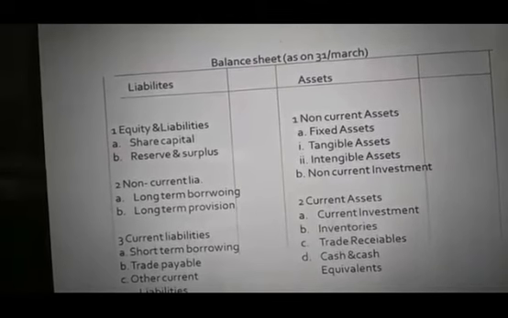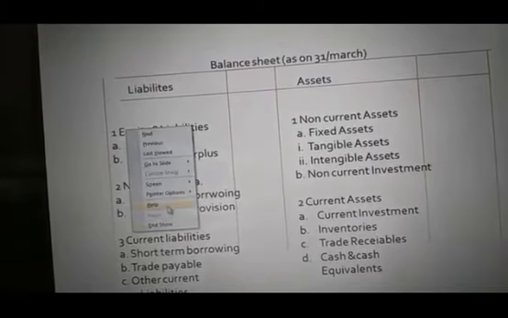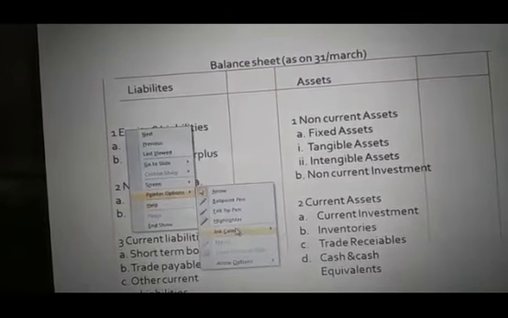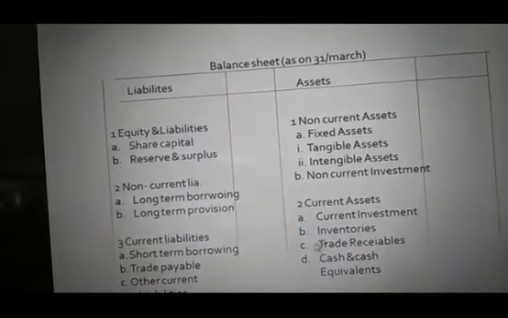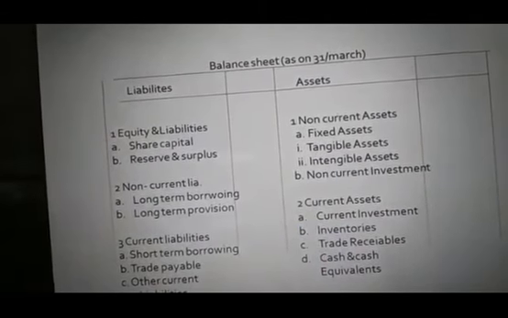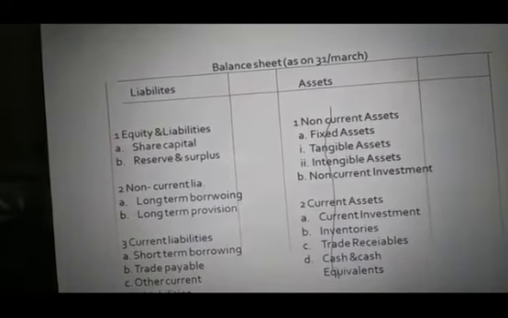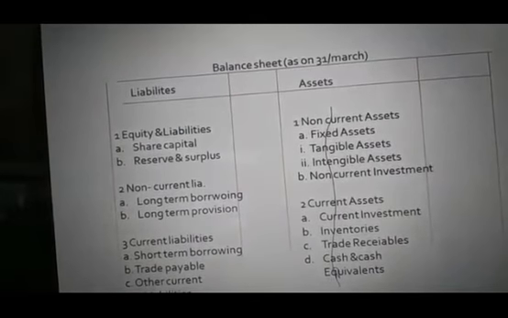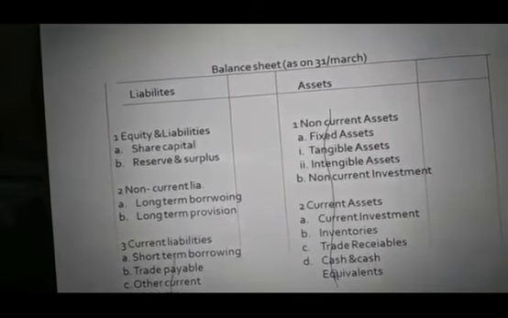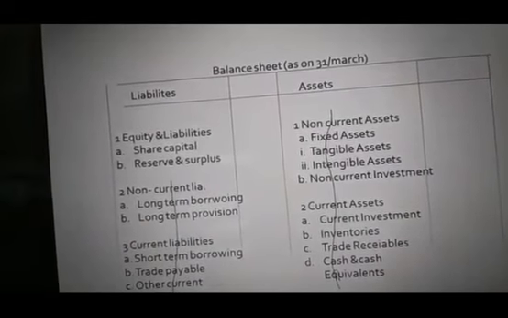if I total all of them and from it I deduct, see the pointer, I deduct up to non-current liability, then what will come?